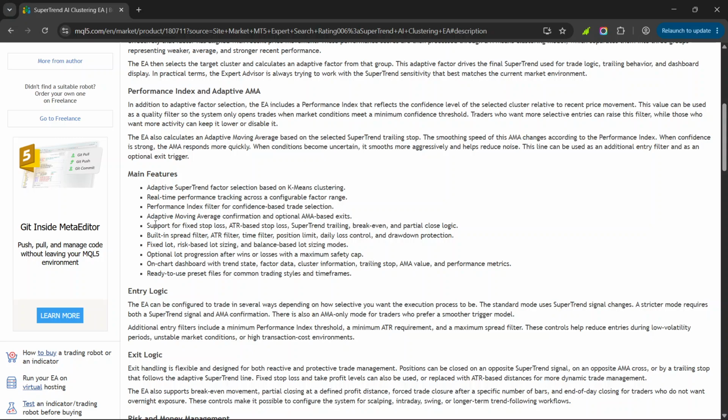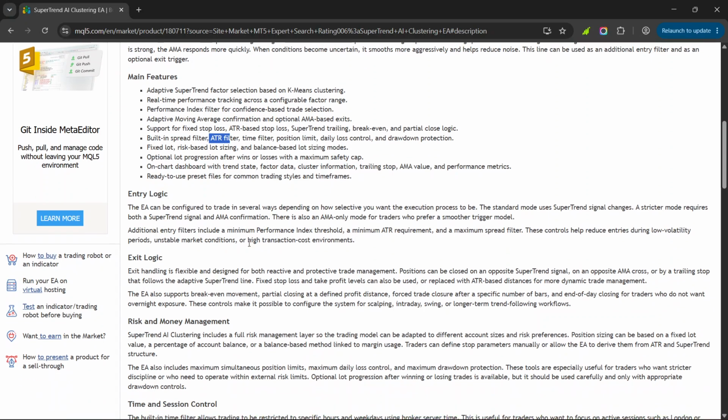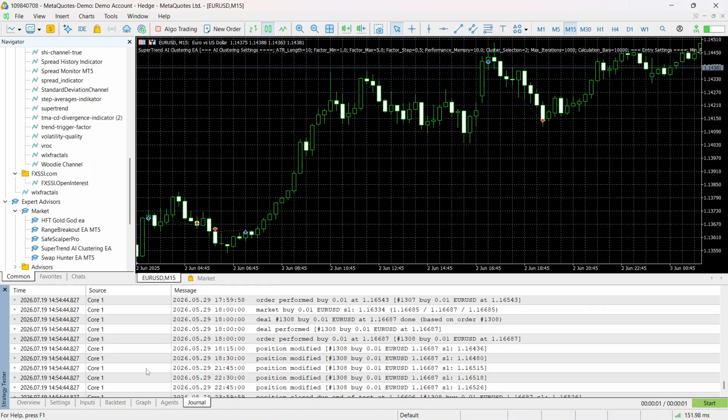Risk management looks solid, with built-in fixed lot, risk percent, balance-based sizing, spread filter, ATR filter, time and session controls, maximum positions, daily loss limit, and drawdown protection. There's also an optional lot progression after wins or losses, but with safety caps. Now let's go to my backtest results and see how this EA performs.